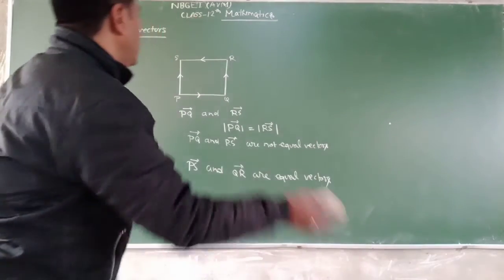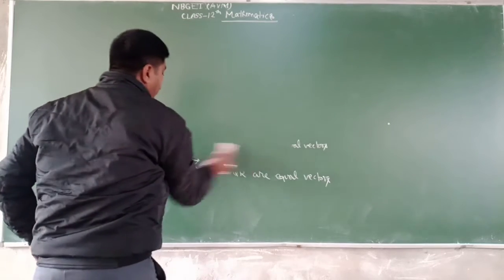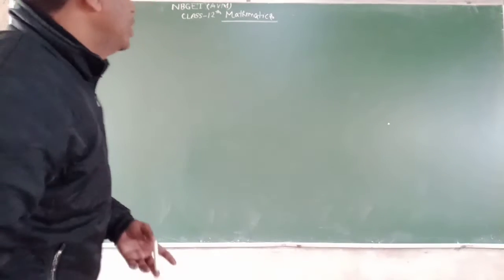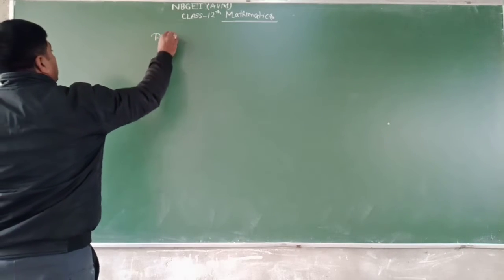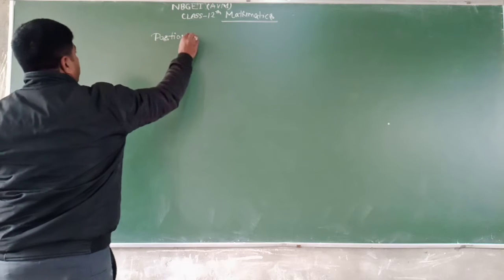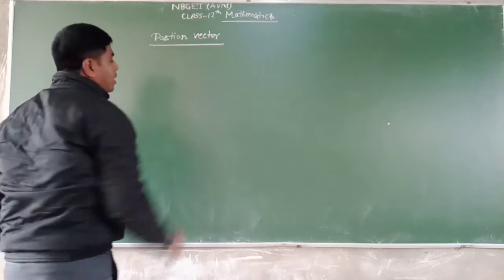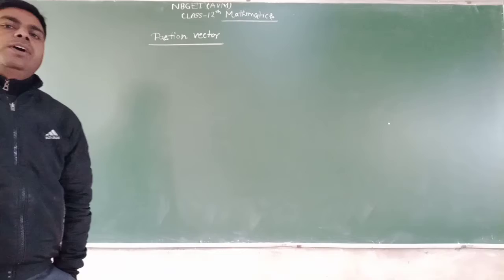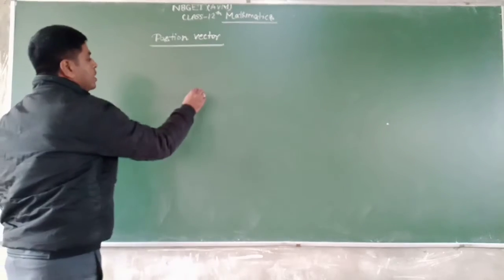Now move on to the position vector. This is one of the most important. Position vector always represents the position of a point with respect to a reference point.